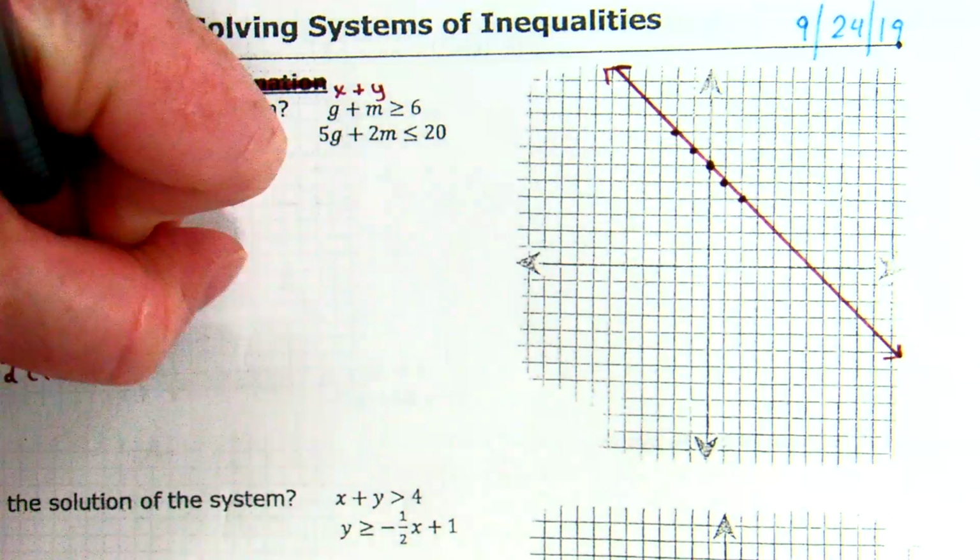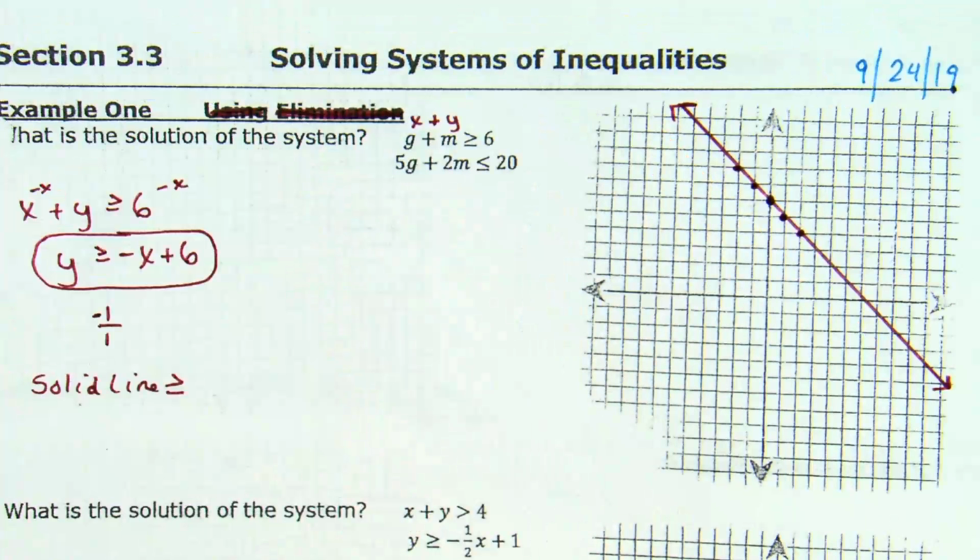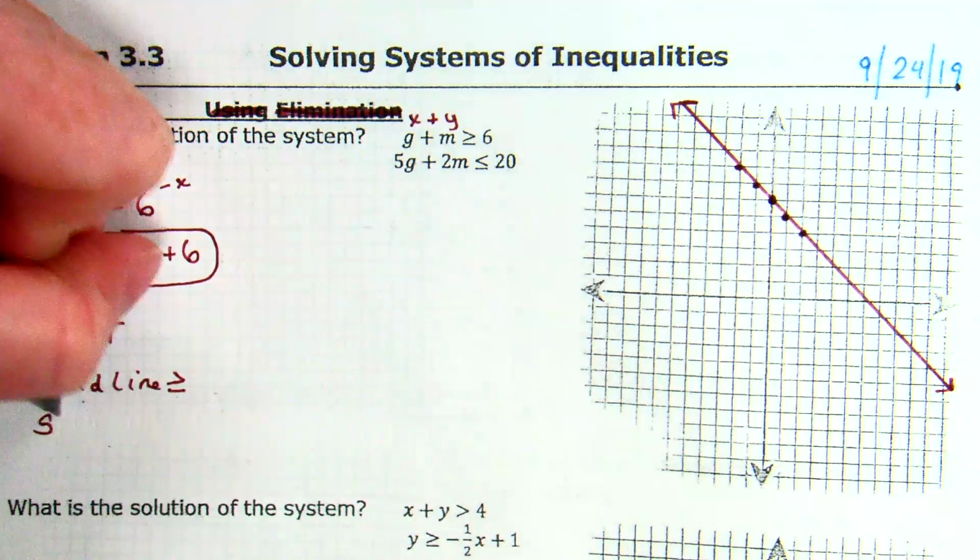What's the other question you have to ask yourself? Where do we shade? My choices are above or below. What kind of symbol was this? Greater than or equal to. So recall that we're going to shade above.